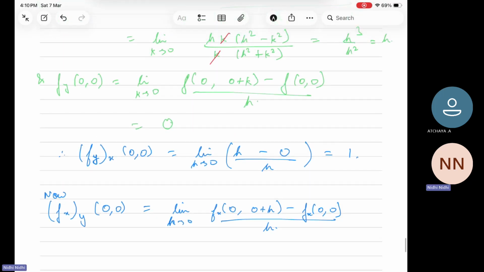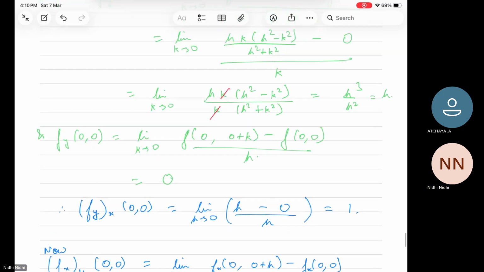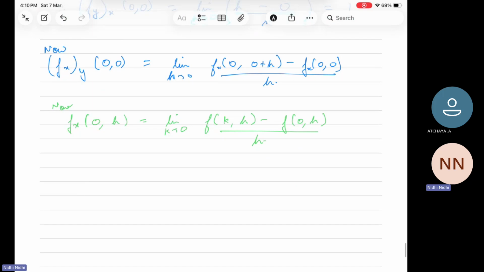Now fx at (0, 0), we'll have to evaluate fx at (0, h). This is equal to limit k tending to 0 of (f(k, h) minus f(0, h)) upon k.